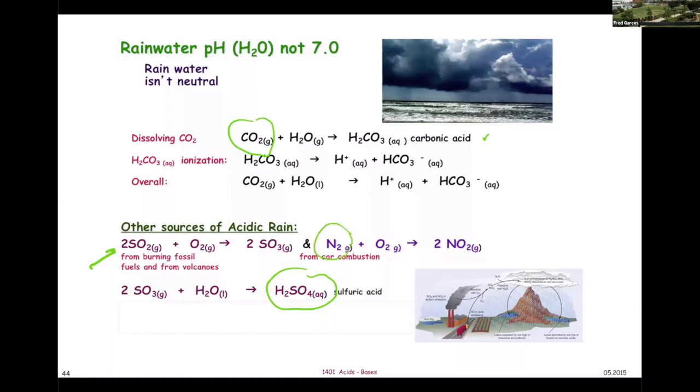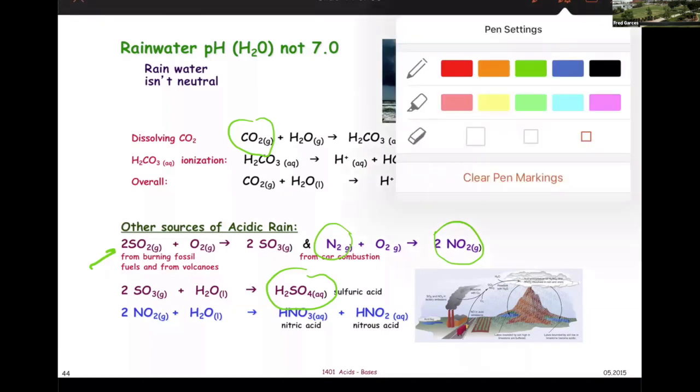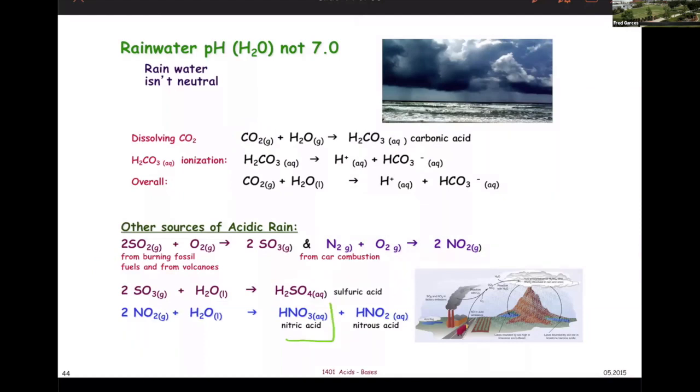When nitrogen goes into our engine and reacts with oxygen, we form nitrogen dioxide. Nitrogen dioxide, if released into the atmosphere, will react with water to form nitric acid and nitrous acid. That's not very good.